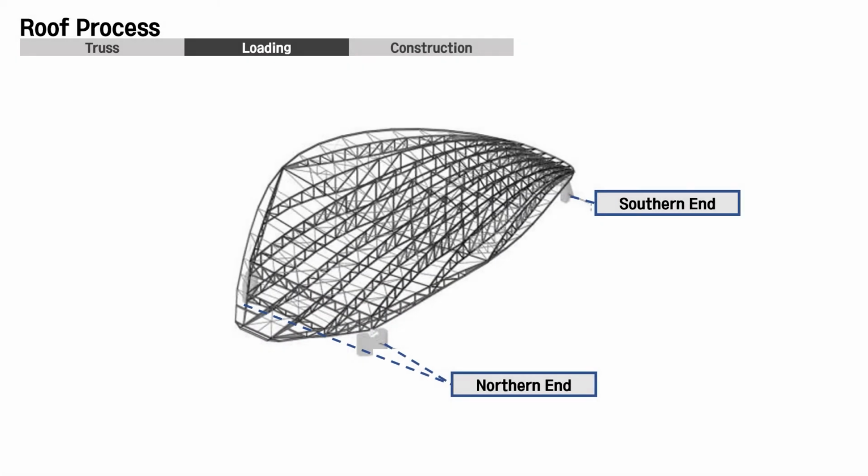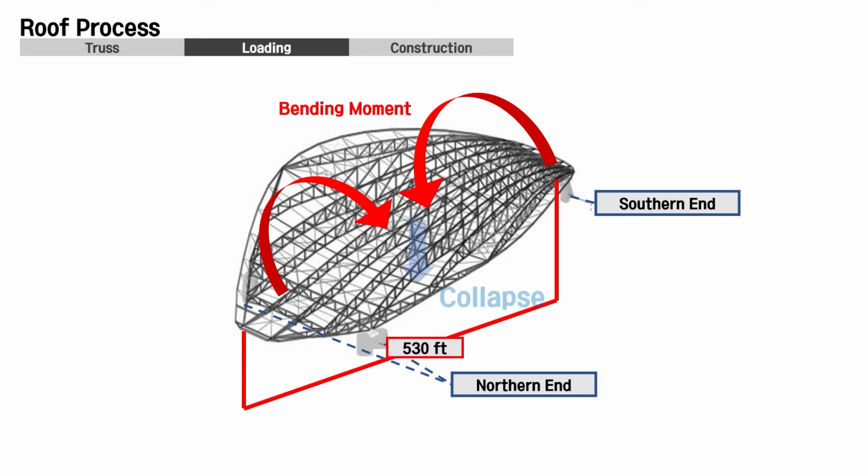But this complex truss structure, which spans a column-free area 530 feet long and up to 300 feet wide, can be vulnerable to the bending moment, which causes the collapse of the structure. So, it is necessary to calculate the loading and analyze the truss, to see whether it adversely affects the building.